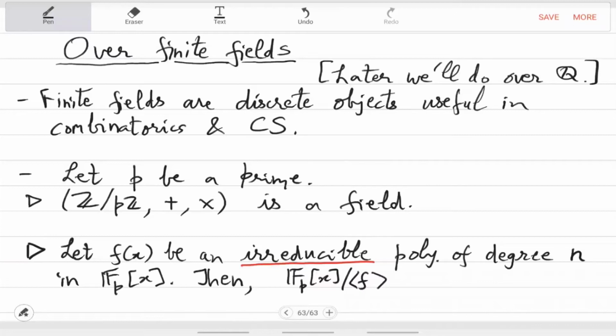So every element has an inverse. So this is a field, and we'll write it as F_p^n. It's also written in the literature as Galois field, GF of size p raised to n. Usually we write F sub p raised to n, so either of these notations.